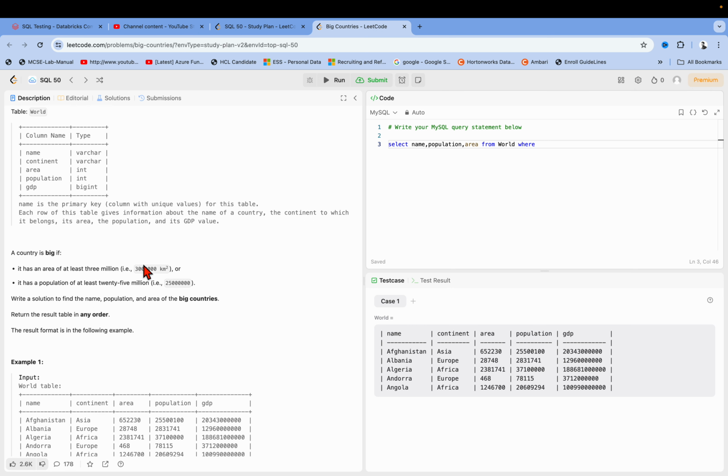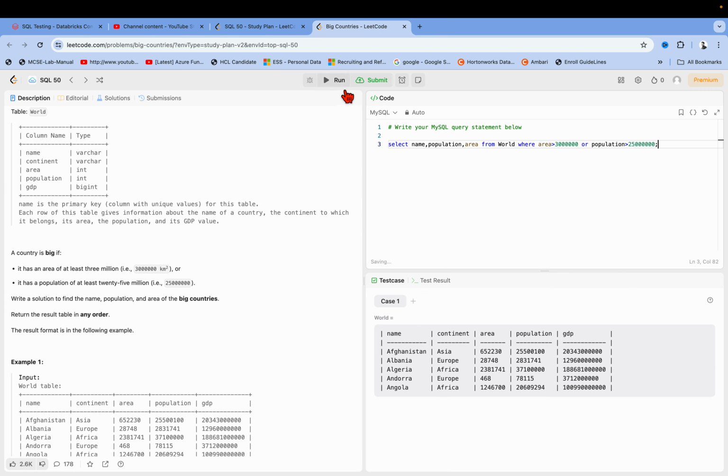So where area should be greater than 3 million, or population is greater than 25 million.